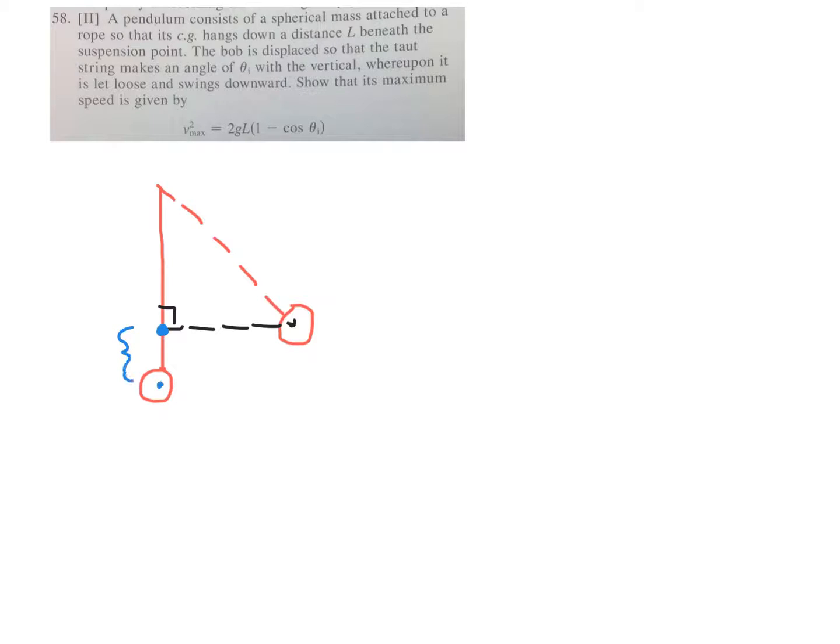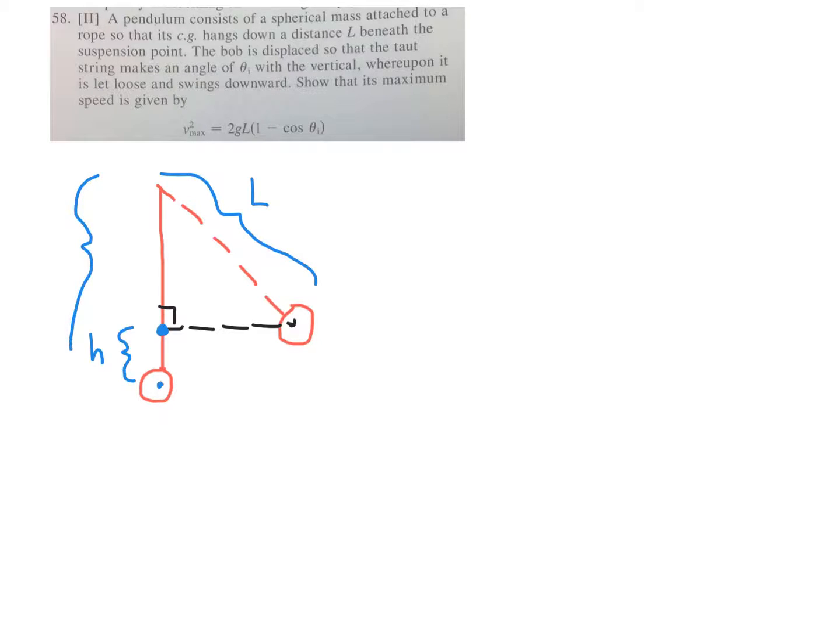So that's H. The pendulum string itself has length L from the pivot point at the top to the center of mass, so that's L. And let me go back to the original here.